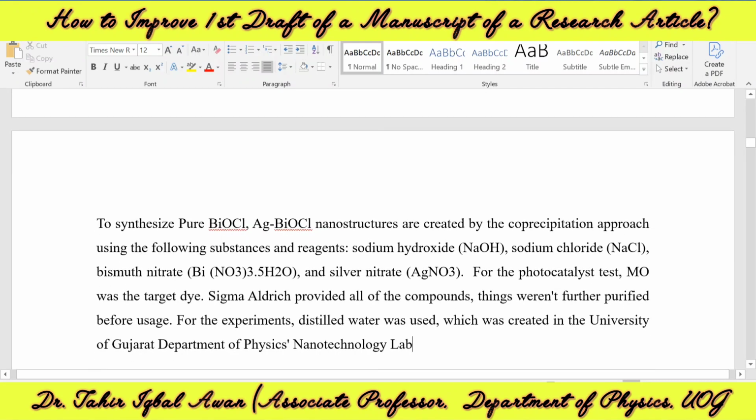Or if you are writing materials in brackets, you can write chemicals, or even under materials, you can write another subheading, that is chemicals, if you have two or more subheadings. Otherwise, straight away writing materials, you can actually mention the chemicals over here, right?